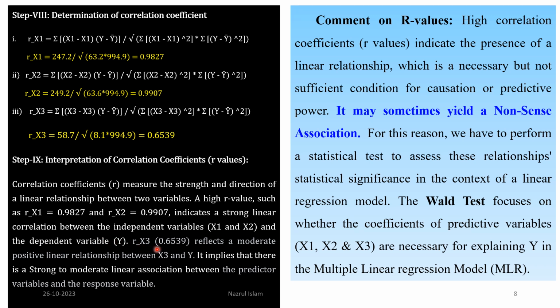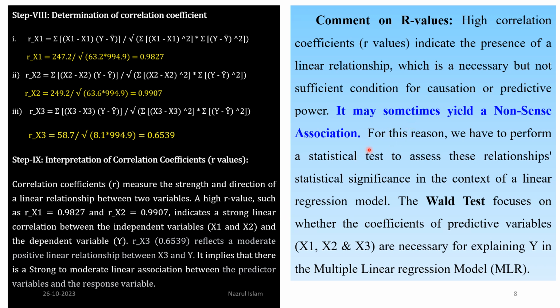Similarly, Rx3 value is 0.6539, reflects a moderate positive linear relationship between x3 and y. It implies that there is a strong to moderate linear association between the predictor variables and the response variable.